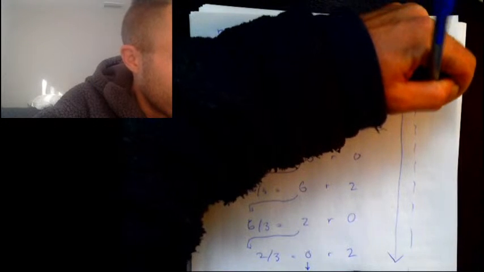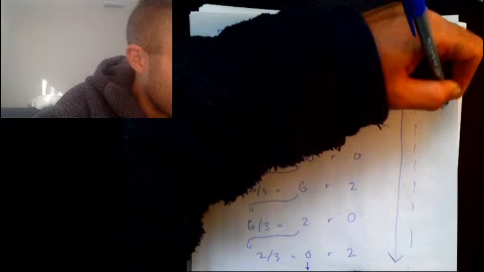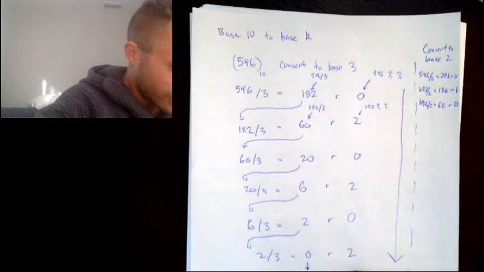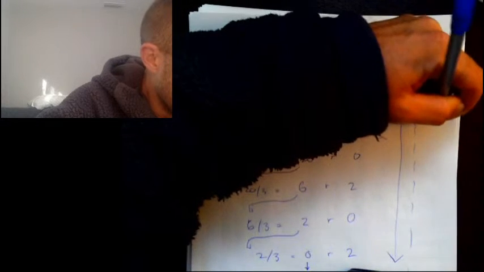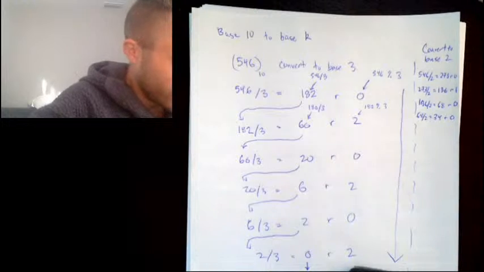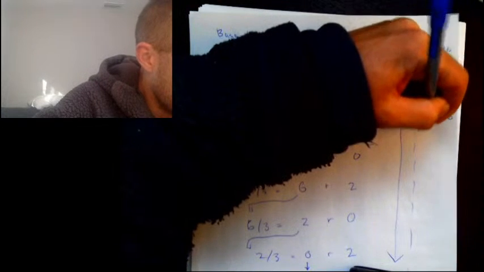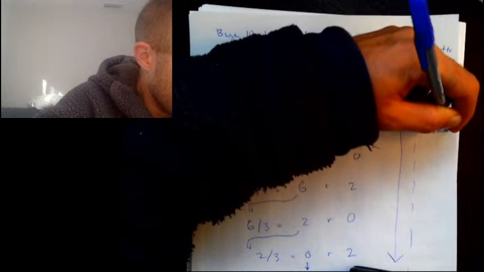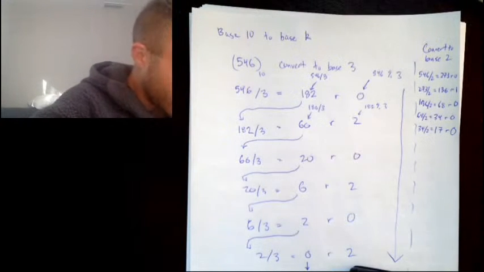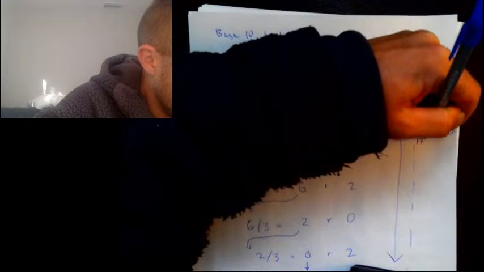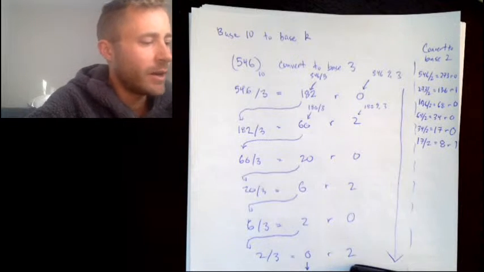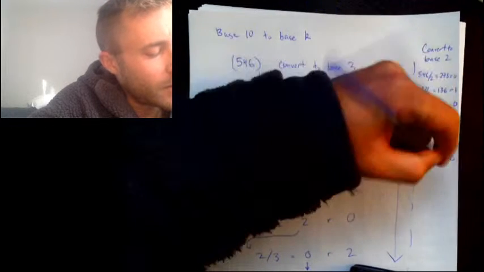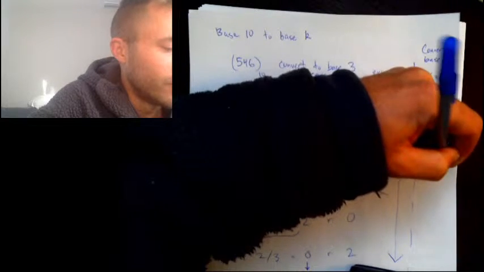136 divided by 2 is 68, remainder 0. 68 divided by 2 is 34, remainder 0. 34 divided by 2 is 17, remainder 0. 17 divided by 2 is 8, remainder 1. 8 divided by 2 is 4, remainder 0. 4 divided by 2 is 2, remainder 0.